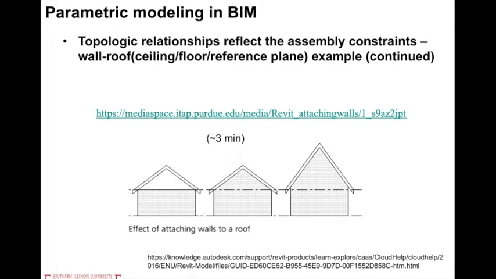And for this example, I provide a video. The idea is the assembly constraint between the wall and the roof. It can fill in this slope automatically, and when you change the shape of the slope of this roof, it will automatically fill in this change.